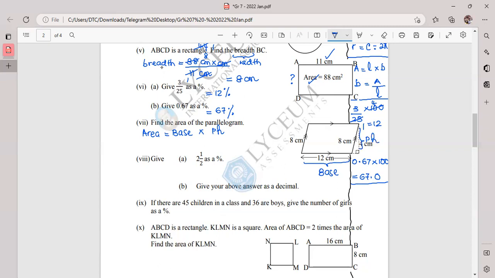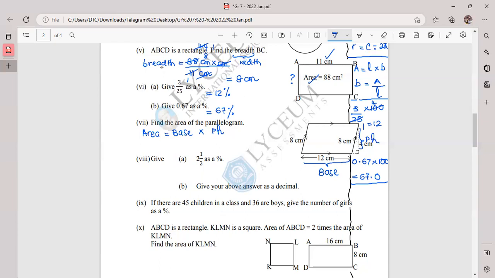Now you may think, teacher, how can we find straight away the perpendicular height and the base? I will explain it like this. The perpendicular height always has the 90-degree angle, so 4 centimeter will be the perpendicular height.